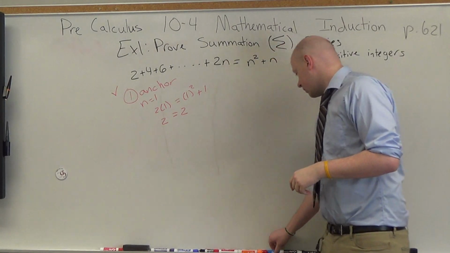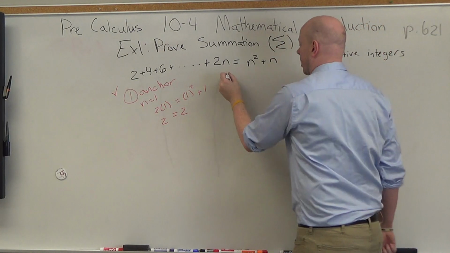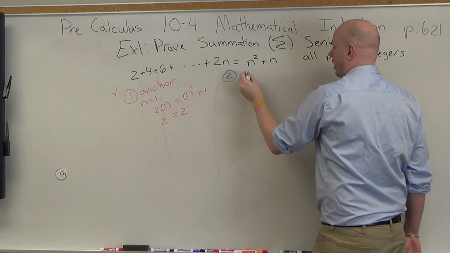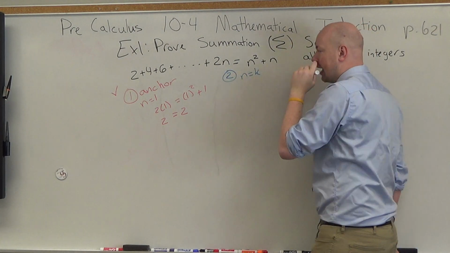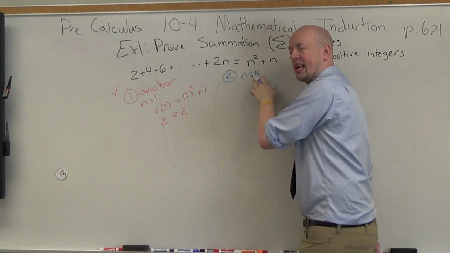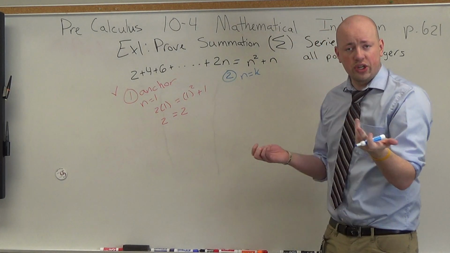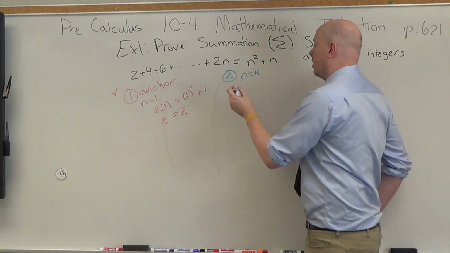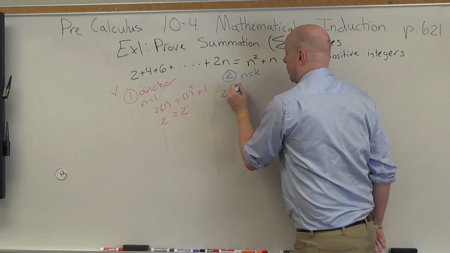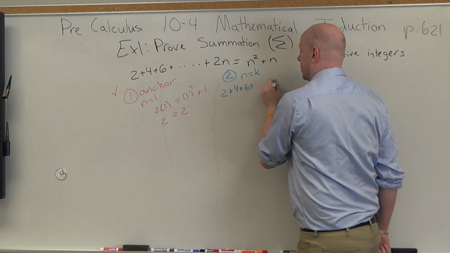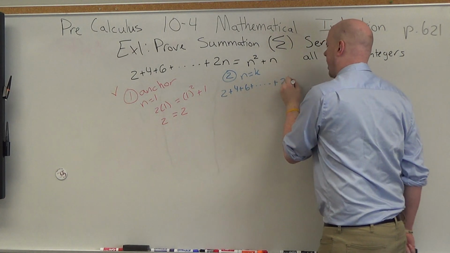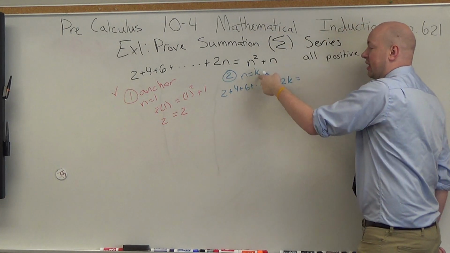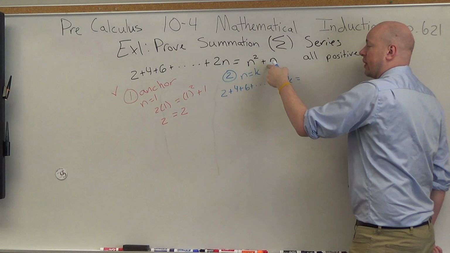Okay. Now we need to do our hypothetical. We get our n equals k case. So, do I know where k is? Unfortunately not, so I have to include everything up to potentially k. So I get 2 plus 4 plus 6 plus ... plus 2k equals, and again I'm just plugging in k for n, so I get k squared plus k.